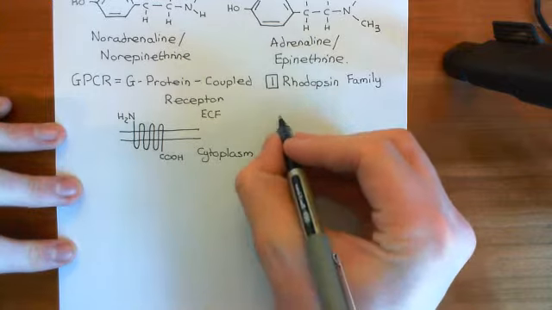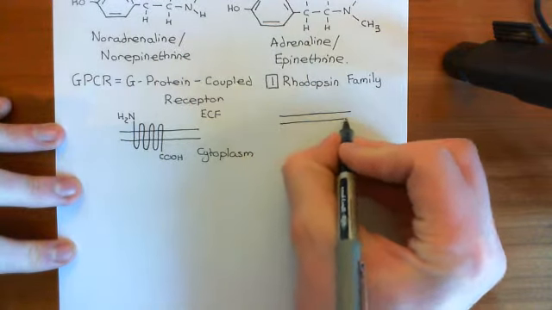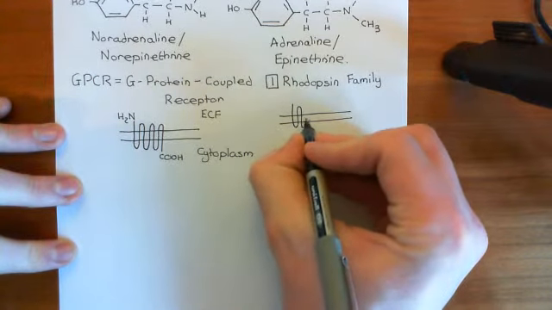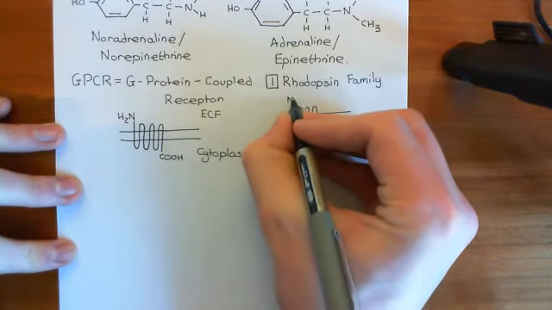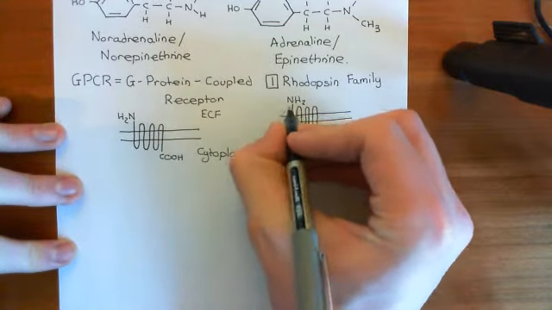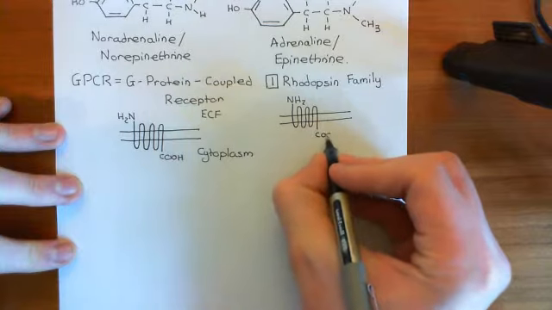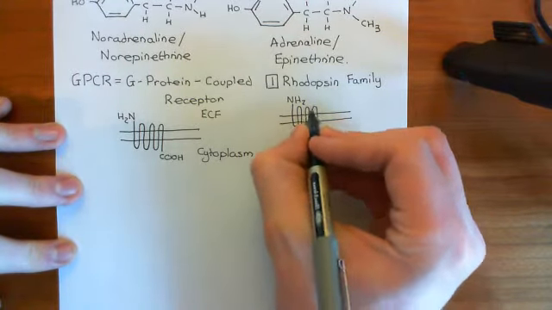And basically, the characteristic feature that all the rhodopsin family G protein coupled receptors share is where they bind their ligand. Okay, so let me show a G protein coupled receptor here. Rhodopsin family G protein coupled receptors all have very small amino terminal domains here, and that's because they don't actually need the amino terminal domain for binding their ligand.